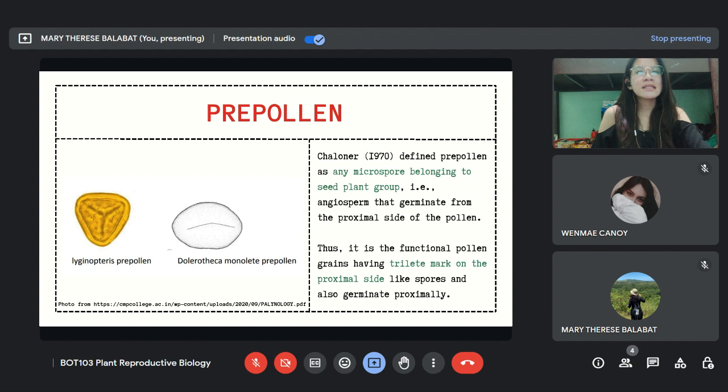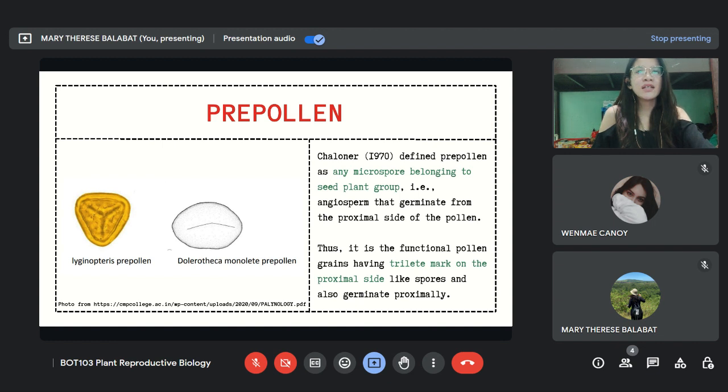This transitional stage between the spore and the pollen is present in fossil spores of primitive Paleozoic gymnosperms. Prepollen-bearing plants gradually became extinct during the Permian period. The most recent known genus with prepollen is the conifer.